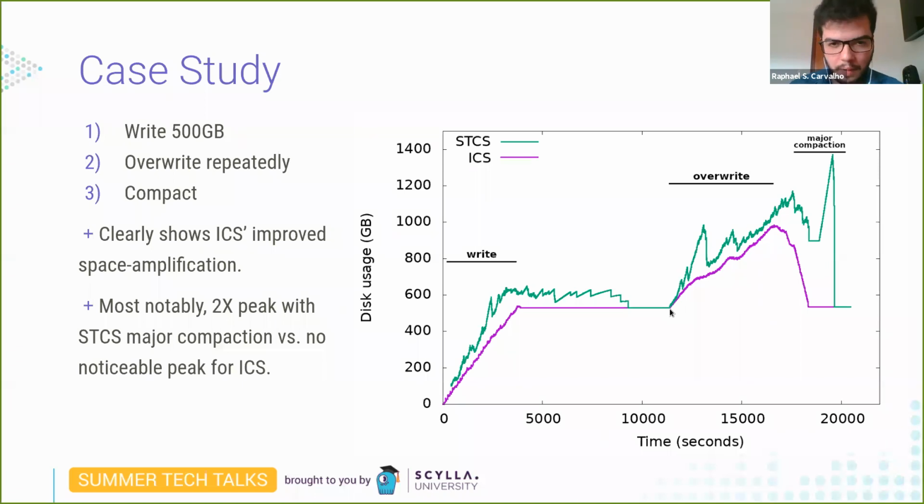So you can notice that ICS improved the space amplification by a large margin, because now we are able to provide the user with predictable disk usage, no spikes and so on. So with major compaction, you can see that we remove the 2 times peak that happens with STCS.